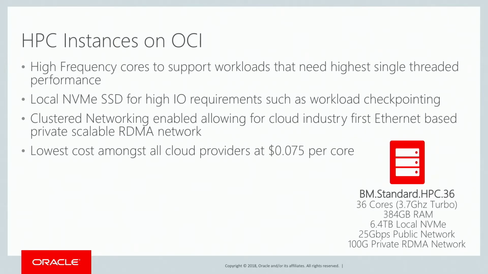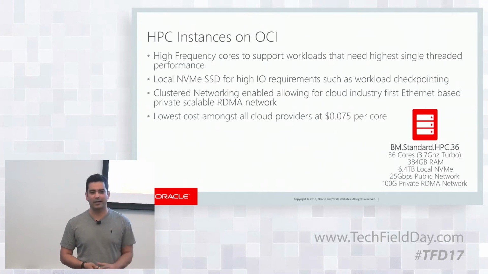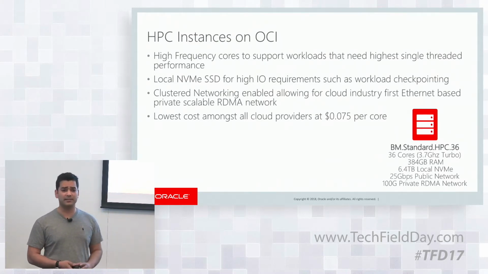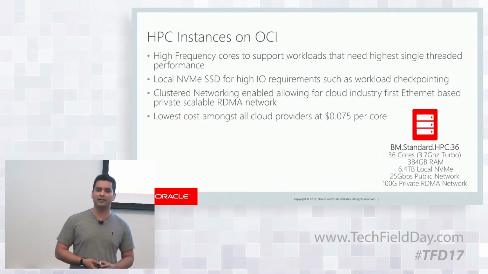Front-end network, 25 gig, and then a private 100 gig backend network. Obviously, if you deploy 2 of them, they'll talk over a private backend network. You can obviously deploy a single one to do just CPU-based compute as well. 7.5 cents per core per hour is going to be our cost. Pay-as-you-go, on demand per hour. You get everything included that you see on that. So a comparable instance, as an example, is something like a C5, Amazon C5.